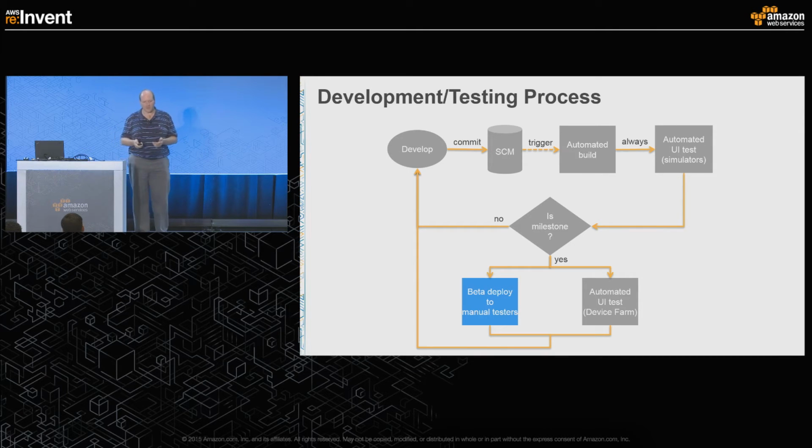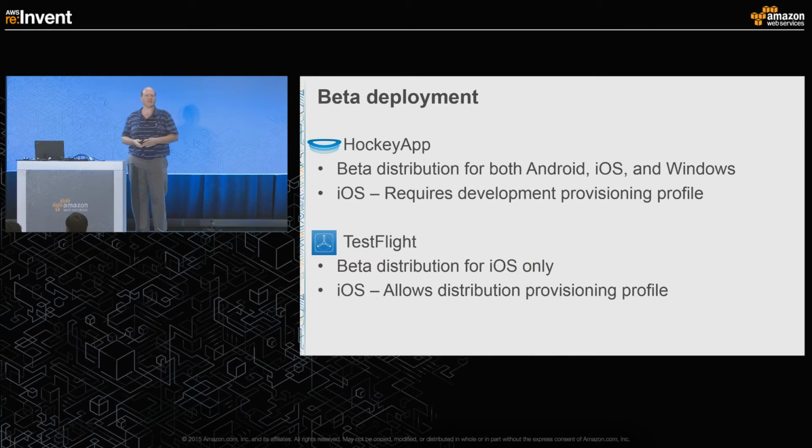So for beta deployment, we use 2 things. HockeyApp was purchased by Microsoft, and it allows you to beta deploy almost anything. They definitely support Android and iOS out of the box. We can also deploy Mac desktop software or Windows desktop software, but of course we mainly use it for Android and iOS. Now one thing that's important to note on HockeyApp is when you're deploying an iOS beta app, you have to use a development provisioning profile.